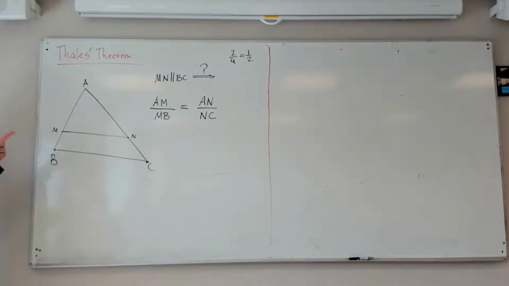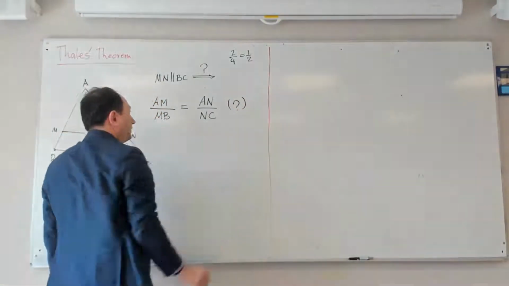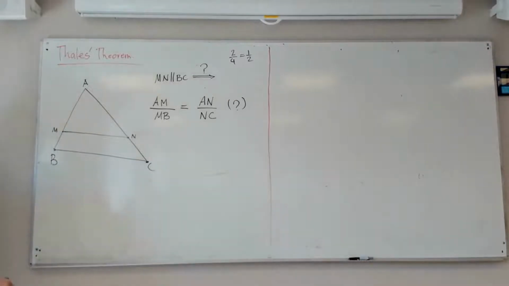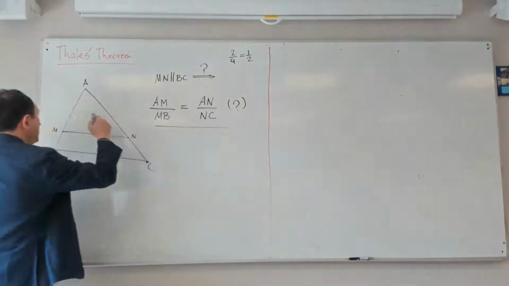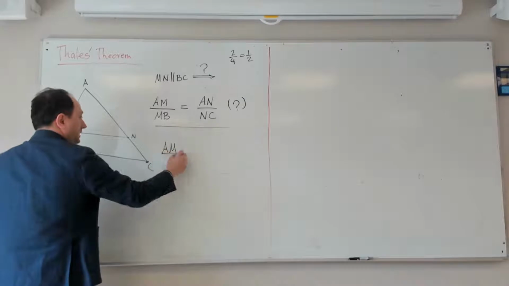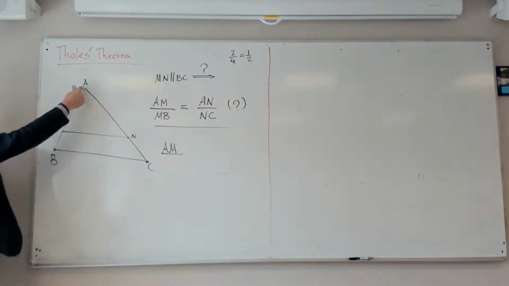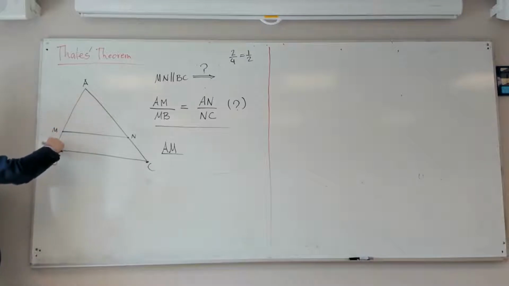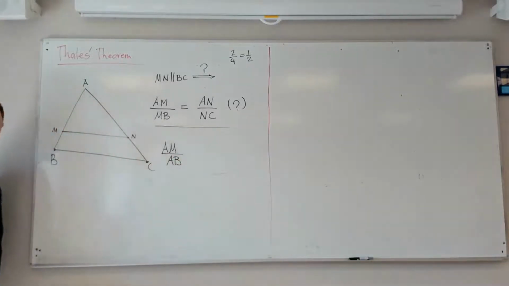Okay, but before coming to see why this is true, I want to write another one, and then from that one I will show you that this is true. So another way of writing this ratio is this. Write AM again. Instead of dividing it by MB, divide it by the whole side AB, not MB, okay?